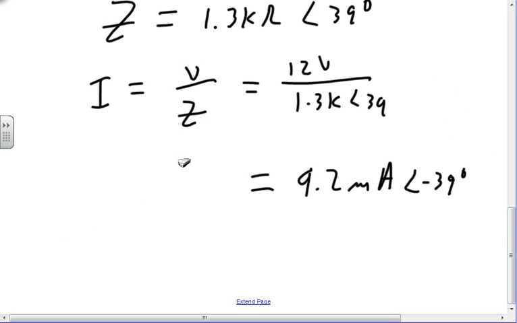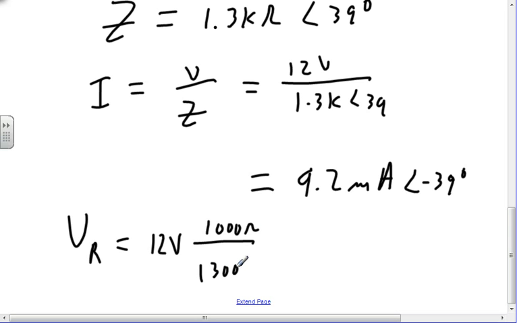We want to know the voltage across the resistor. What's the voltage across the resistor? Well, it'd be whatever the total voltage is times the resistance. What's the resistance? 1K divided by the total, 1,300. Resistance is 1K. 1,000 ohms divided by 1,300 ohms angle 39.